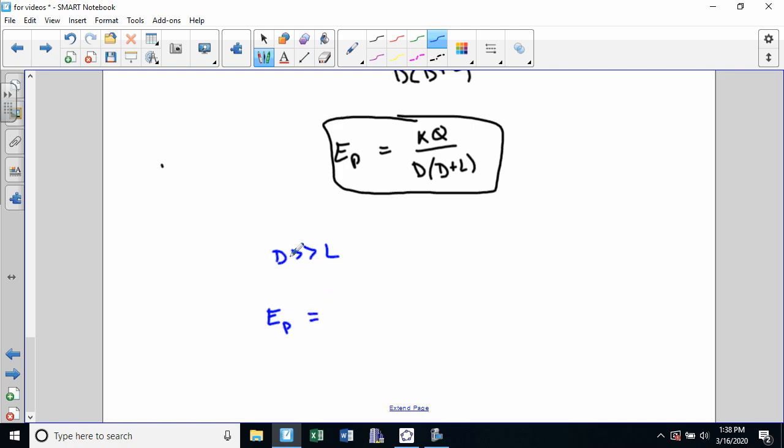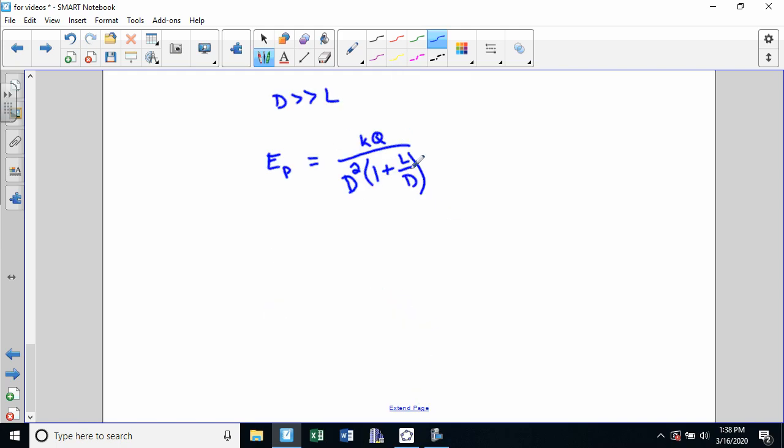If d is much bigger than L, then I'd really like to look at the ratio of L to d. I'm going to do that by factoring out a d from this term in the denominator. So this electric field is kQ over d, but I'm pulling out another d, so that's going to be a d squared times 1 plus L over d, right? I pulled a d out of here, so I got 1 plus L over d.